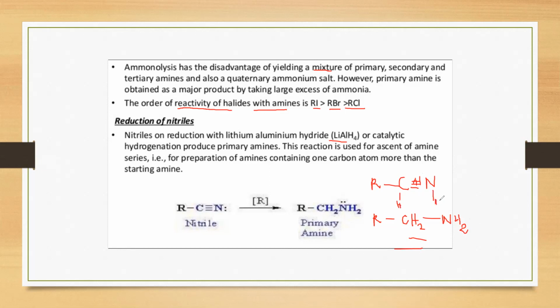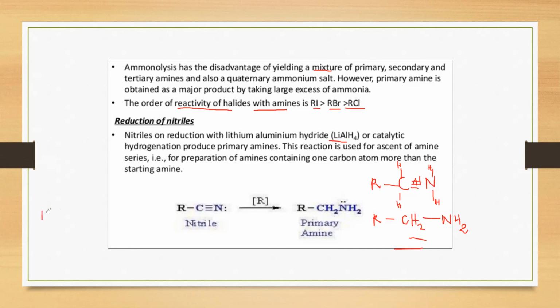The mechanism is not like this. This is for your understanding; I'm telling you this the easy way. So RCH2NH2. Here you can see that this is used for preparation of amines containing one carbon atom more than the starting amine. So ascent of series is happening.